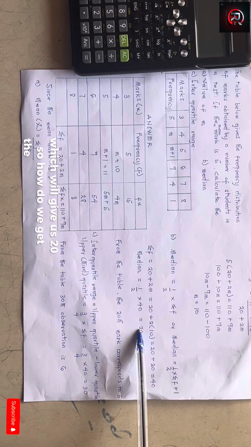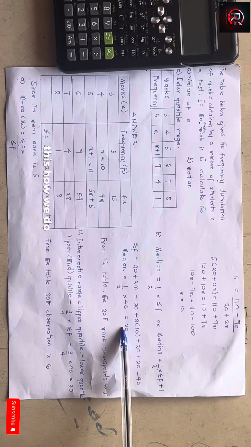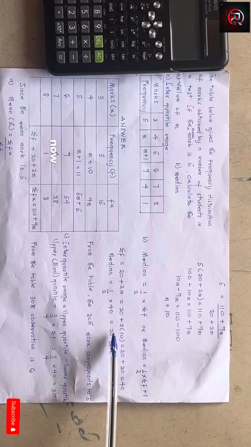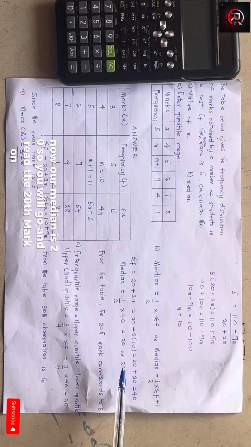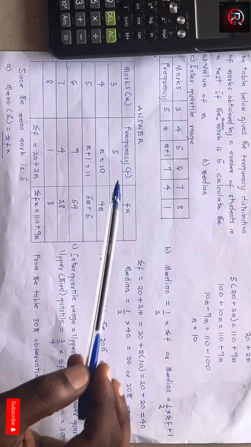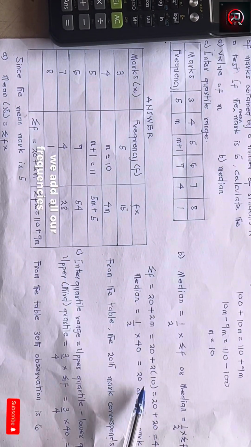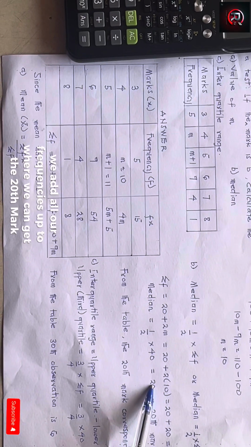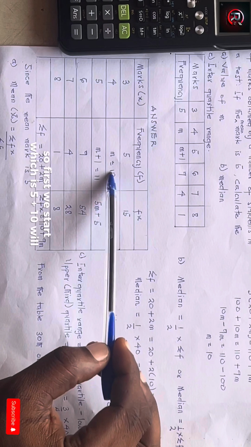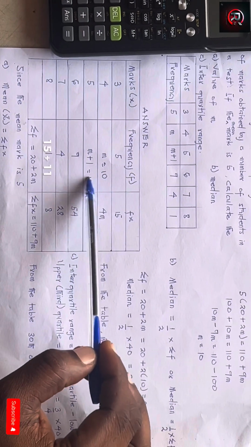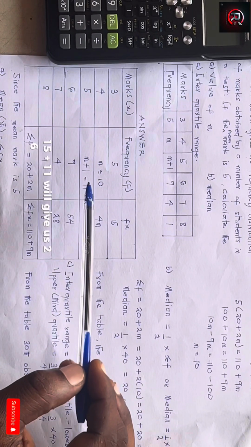So how do we get the median from the table? This is how we do it. You go to your frequency now. Our median is 20, so you read the 20th mark on the frequency. We add all our frequencies up to where we can get the 20th mark. First we start with 5 plus 10, which gives us 15. 15 plus 11 gives us 26.